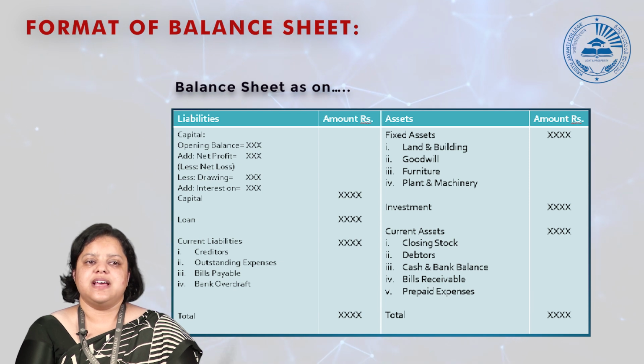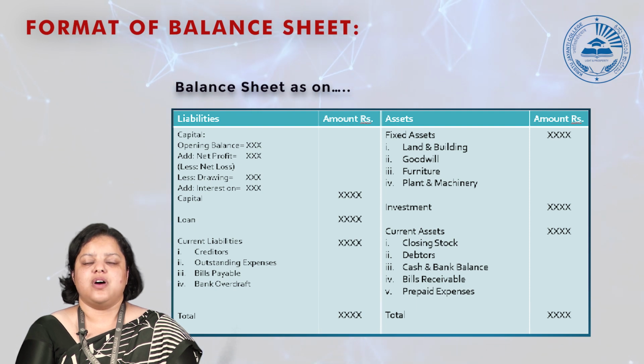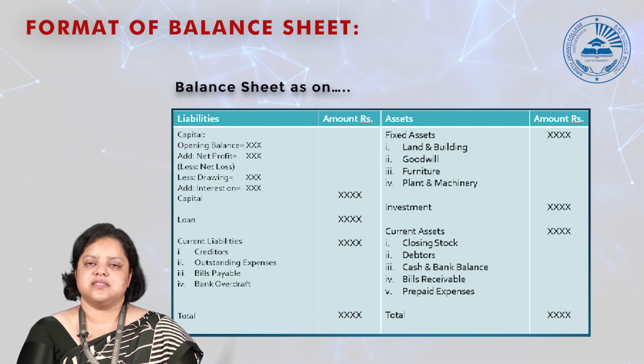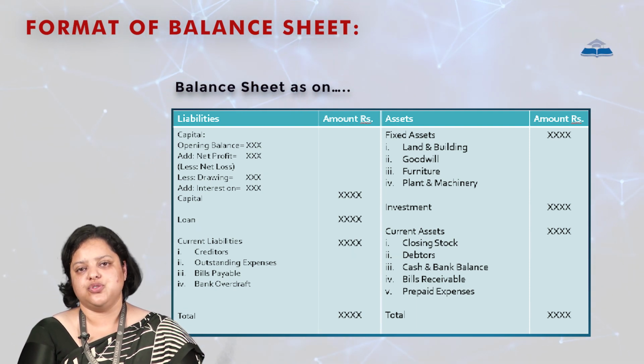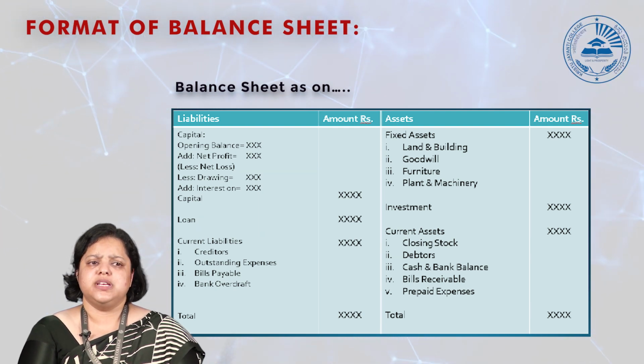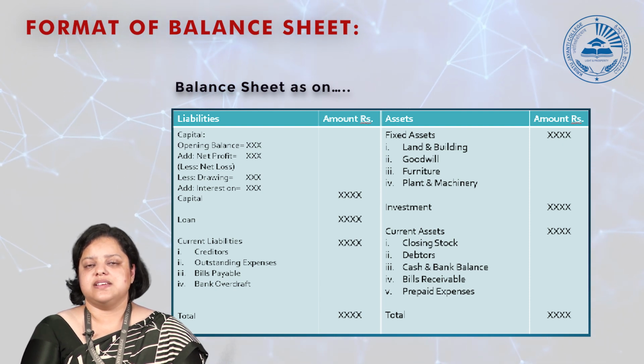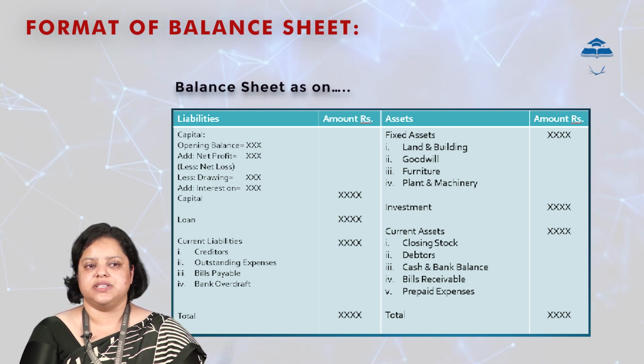On the asset side we mainly have three headings: fixed assets, investment, current assets. So under fixed assets, whatever assets the company has we need to record, like land and building, furniture, goodwill, plant and machinery, or any kind of license, patents we record here.